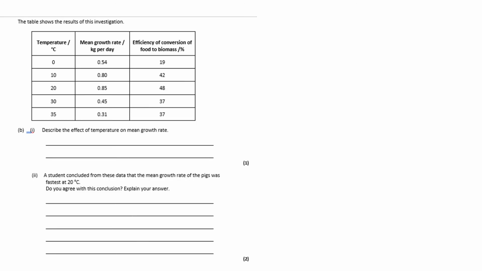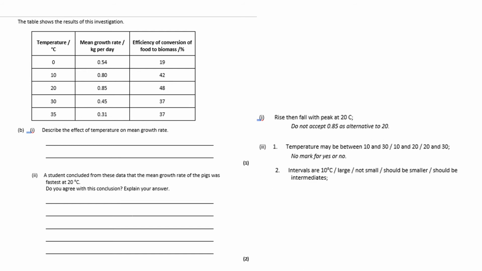In the next question, part B, the examiner is asking you to look at the effects of temperature on the mean growth rate using the data in the table. So you can see here we're looking at just the mean growth rate. From 0 up to 20, there is a rise of the mean growth rate up to 0.85 kilograms per day.